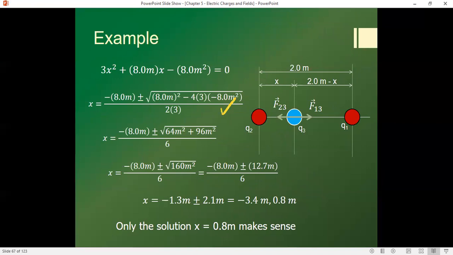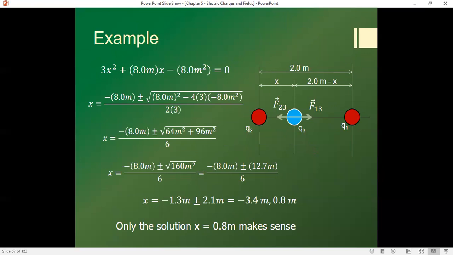And I plug this in, and interestingly, I find out that the roots are the following. One is physically a root that makes sense. At 0.8 meters, that makes sense because that's less than 2 meters, but more than the origin.